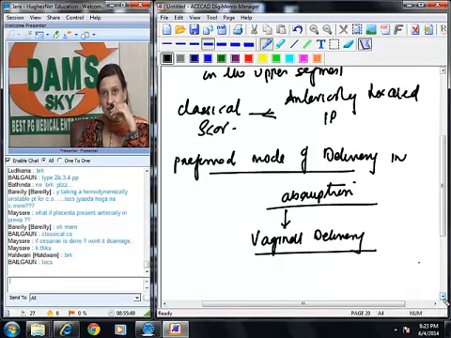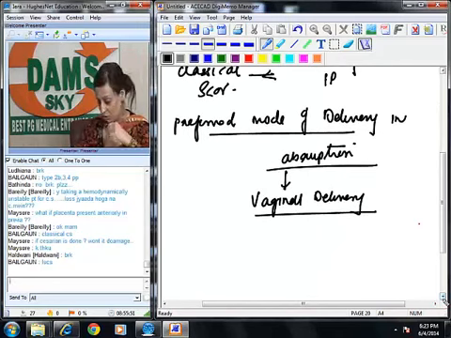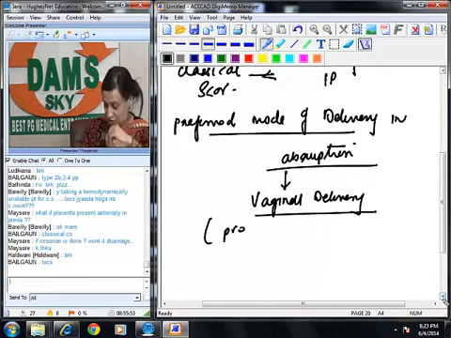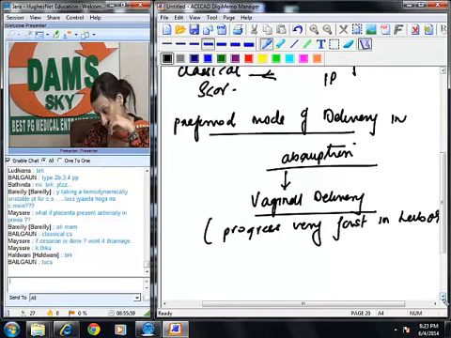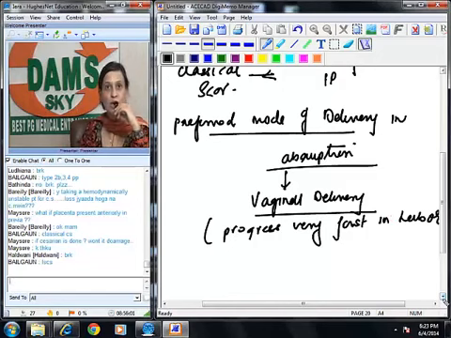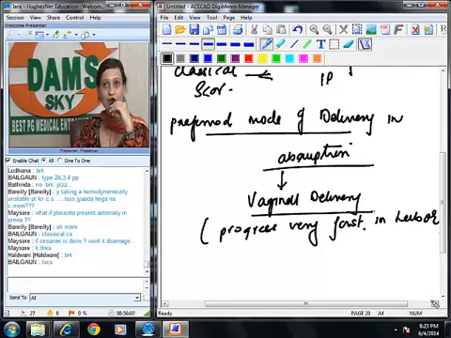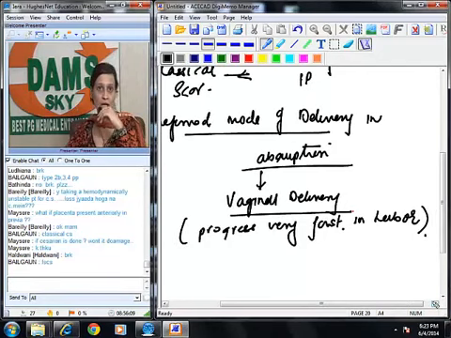The reason is that patients with abruption progress very fast in labor, and that is why the preferred mode is going to be a vaginal delivery.